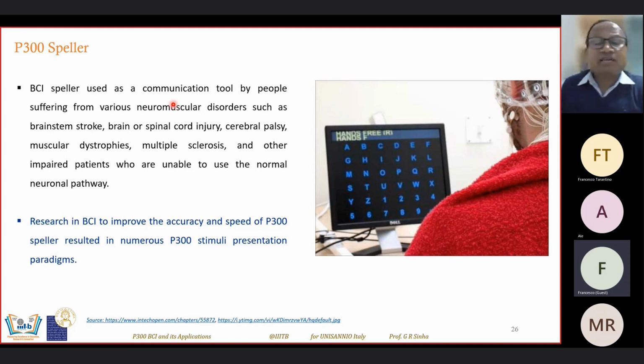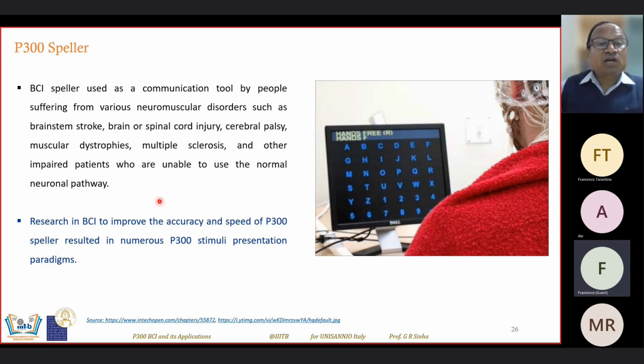So this P300 speller is a stimulator, or you can say a communication tool, used by people who are suffering from various neuromuscular disorders, like being unable to use their fingers to operate the keyboard, such as brainstem stroke, brain or spinal cord injury, cerebral palsy, muscular dystrophies, multiple sclerosis, and other impaired patients who are unable to use the normal neuronal pathway or normal neuronal activity.